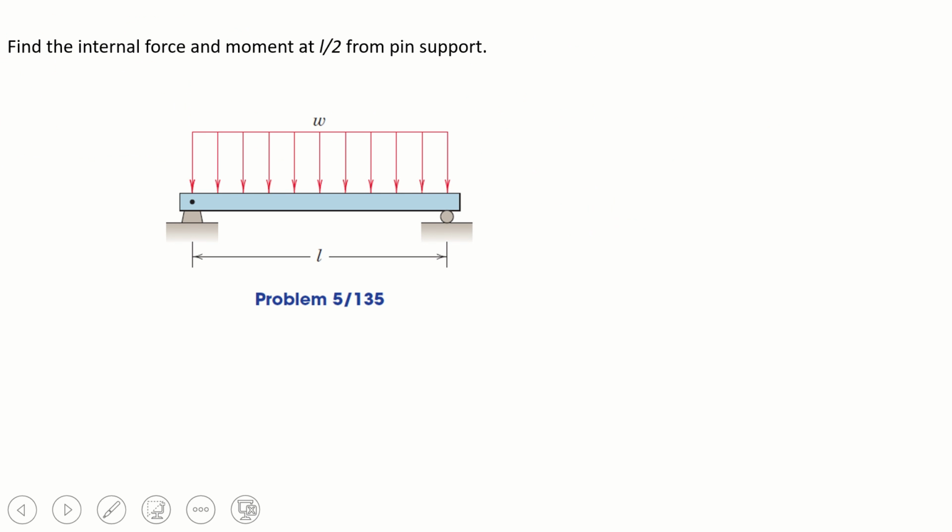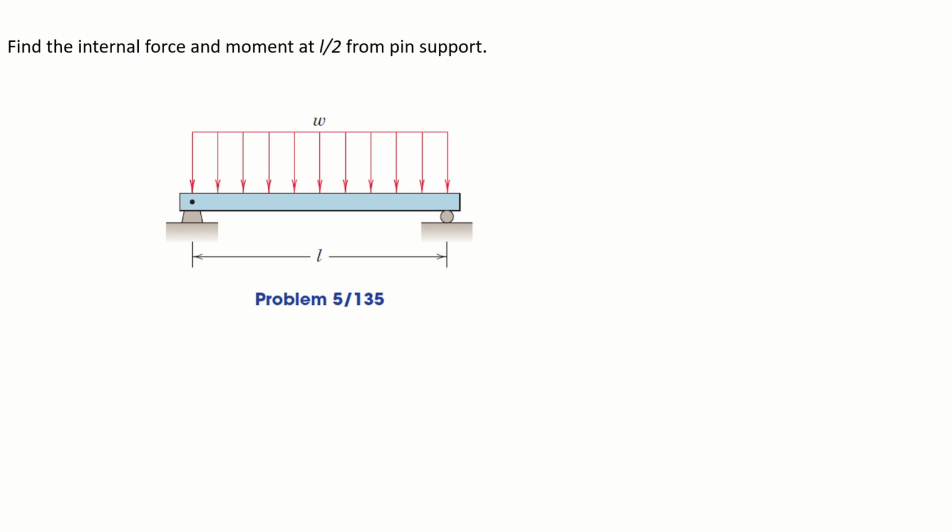Now let's try the last example. Last week I believe that you all already learned about the distributed force. Now I want to combine the internal force and the distributed force. So this is one of the problems like that.